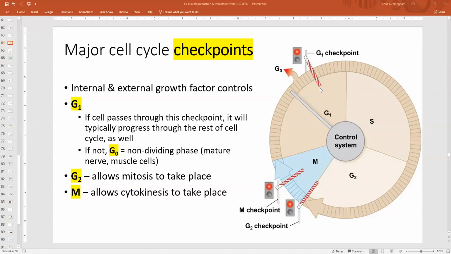Several of you probably have heard, and we might have talked about this in class, I can't remember, that one of the reasons nerve damage and neurological disease and neurological damage is so bad and so severe is because nerve cells are in G0. What that means is if you have a nerve cell, it is in the state it's going to remain in through its entire life.